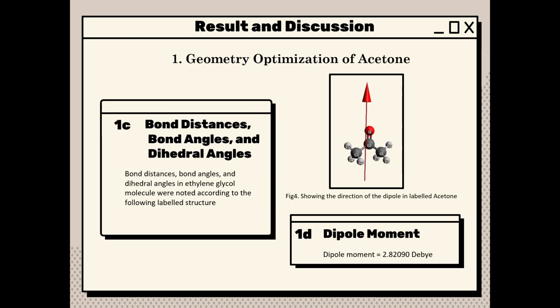I analyzed its bond angles, bond distances, and dihedral angles using Avogadro, and the dipole moment was slightly higher at 2.82090 Debye, reflecting stronger polarity. This stable configuration makes acetone a valuable case study for solvent and reaction modeling.